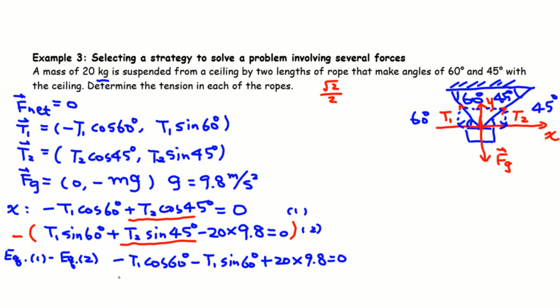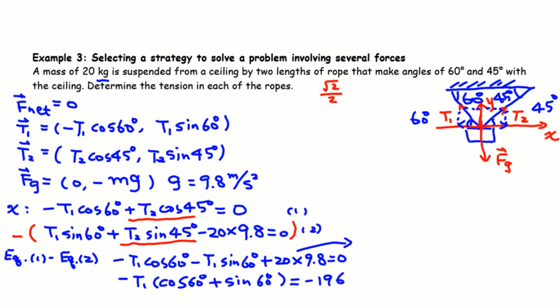In order to solve for T1, we common factor negative T1 out. Each term divided by negative T1, we have cosine 60 degrees plus sine 60 degrees. Then we move the 20 times 9.8 to the other side, which is negative 196.